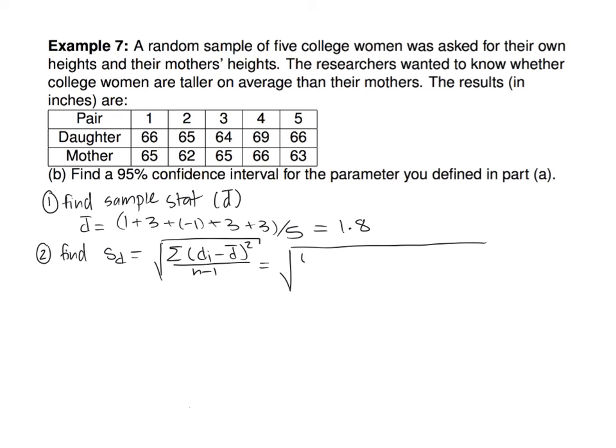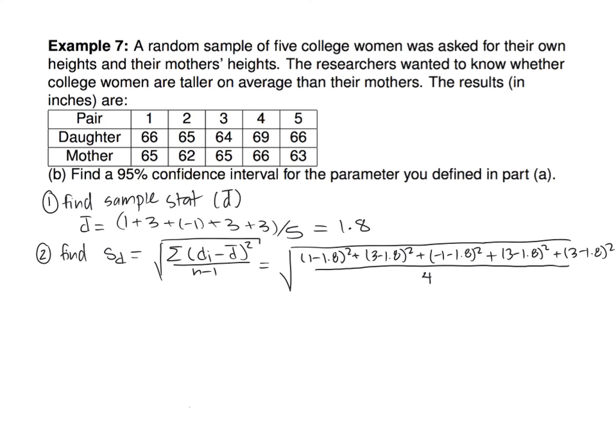So first we have 1 minus 1.8 squared. Then we have 3 minus 1.8 squared. And then negative 1 minus 1.8 squared. Then we have 3 minus 1.8 squared. And 3 minus 1.8 squared. All this divided by n minus 1. So 5 minus 1, which is 4.